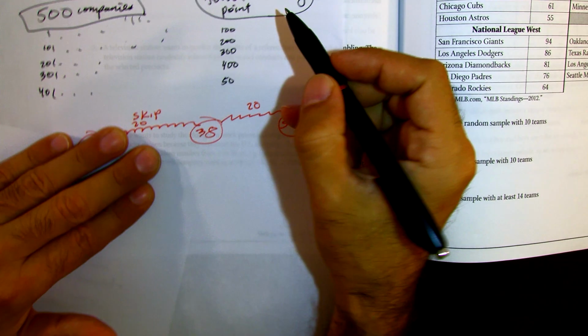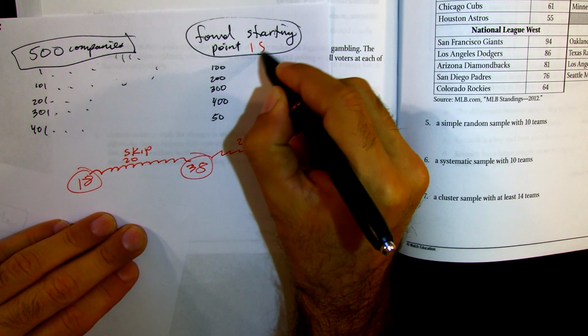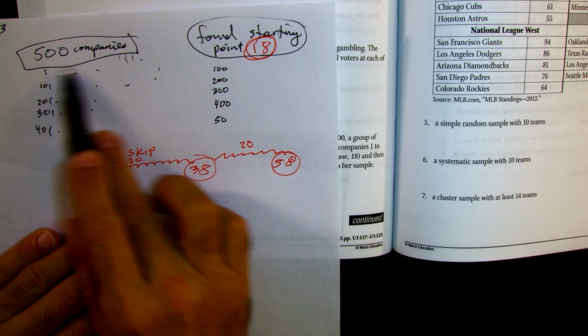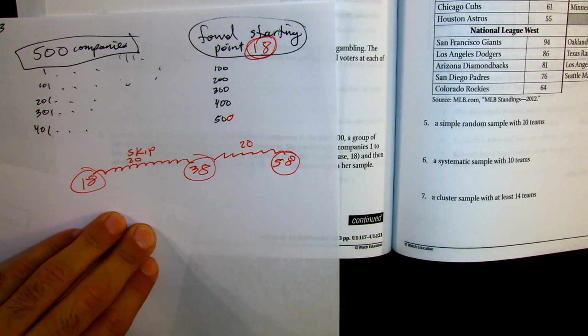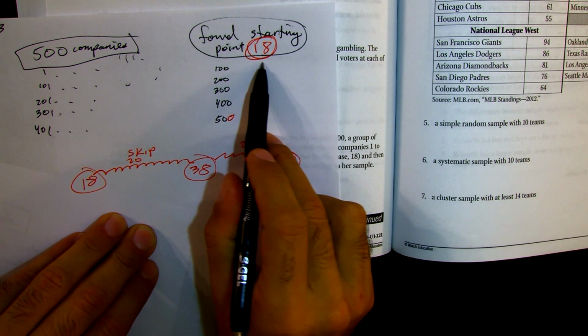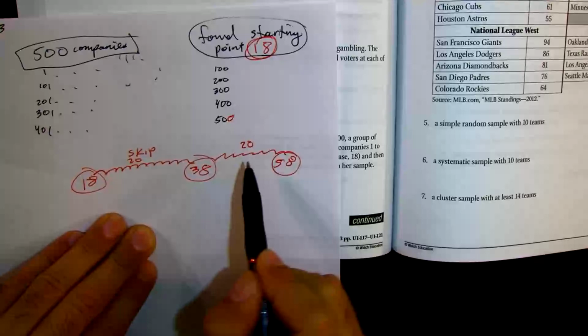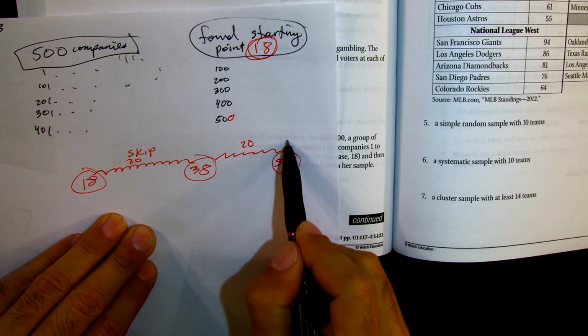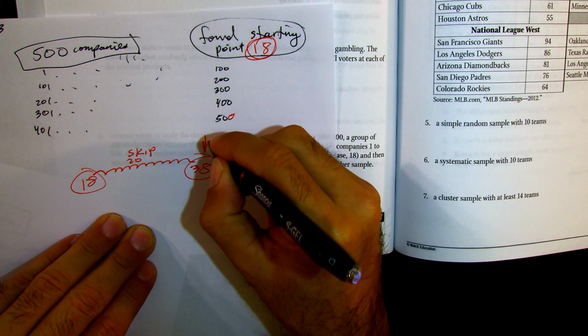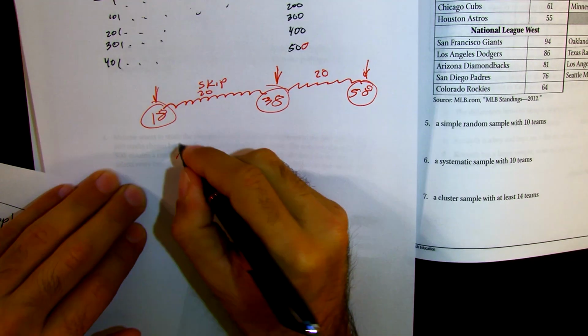The starting point they said was going to be 18. So they have them all numbered 1 to 500, and they have a starting point of 18. Then they skipped 20, they got to their next number. They skipped 20, they got to their next number. So this is systematic sample.